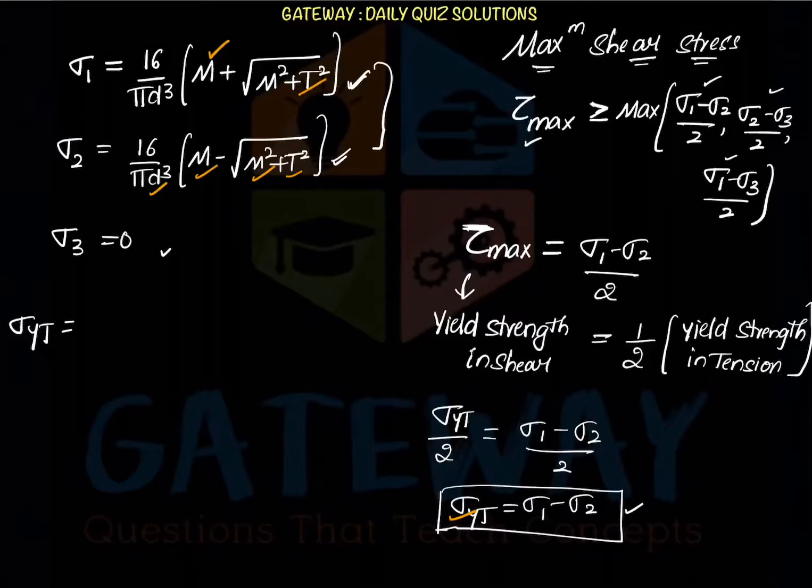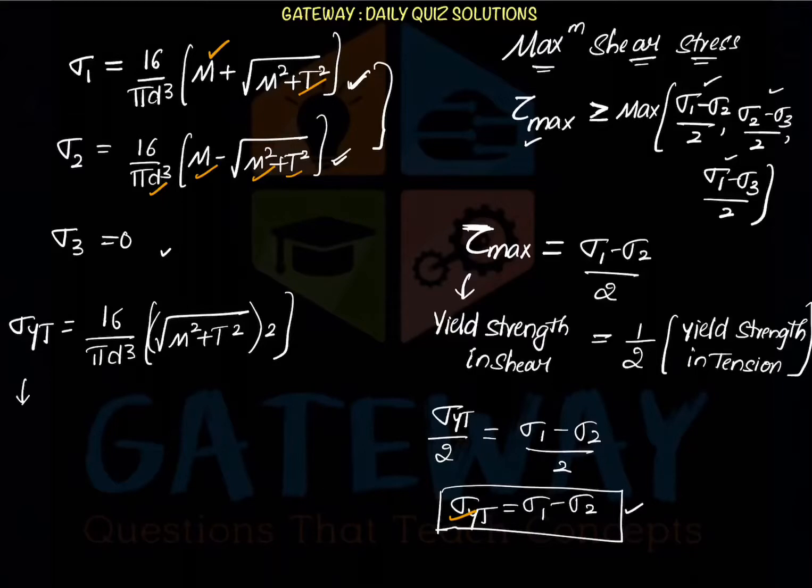Subtracting these both, we get 16 by pi d cube into the square root of M square plus T square, twice the square root of M square plus T square. From that, sigma yt was given in the question as 160 mega Newton per meter square.